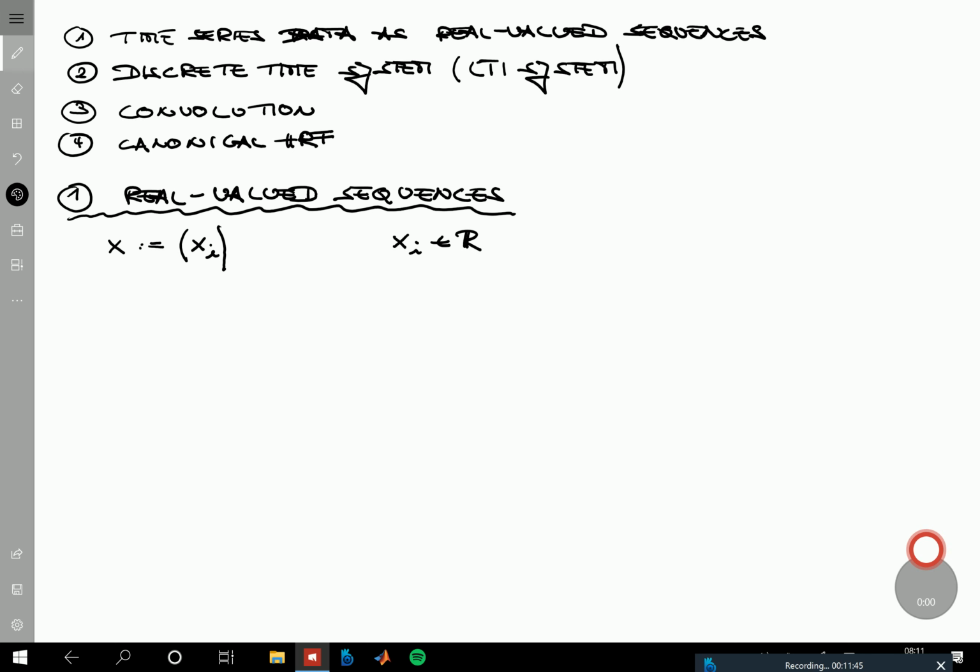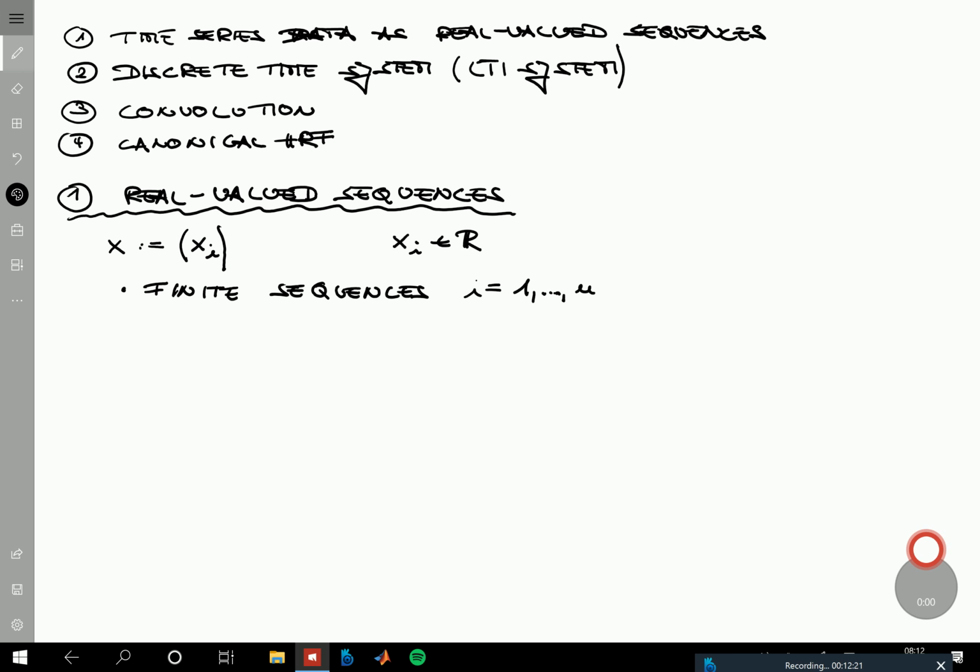So we can have finite sequences where, essentially, you can view it as i always going from 1 to a number n. And this is, of course, the scenario that we are dealing with in real life, when we have a computer and we have our event onset function and we create a regressor, then we have a finite sequence of these regressor values.